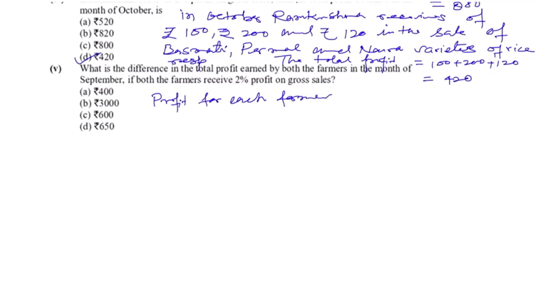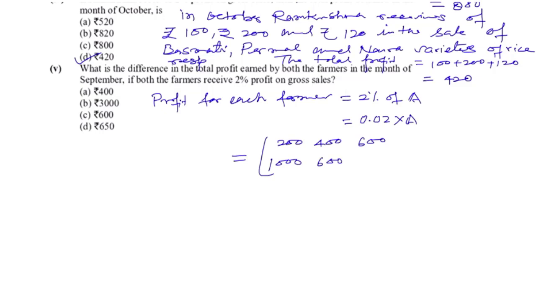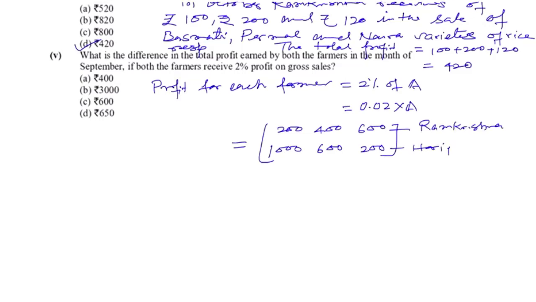Since the profit for each farmer is equal to 2% of A, which is equal to 0.02 into A, that is equal to 200, 400 and 600, 1000, 600 and 200. So the first row represents the profit of Ram Kishan and the second row represents the profit of Hari Prasad.